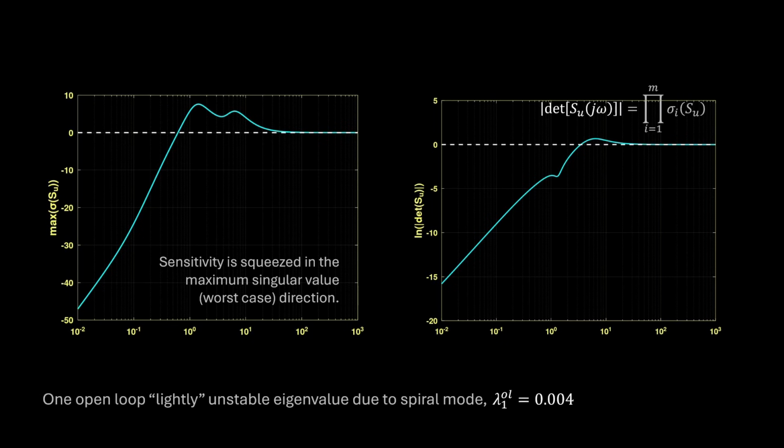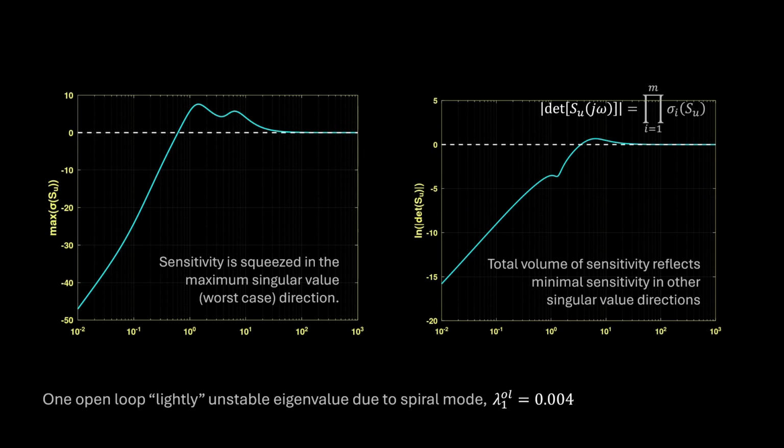This tells us two things. The cost of our open loop instability is low because the unstable spiral mode is very slow. And while the perfect storm direction causes concerning amplification, the other directions have minimal sensitivity.